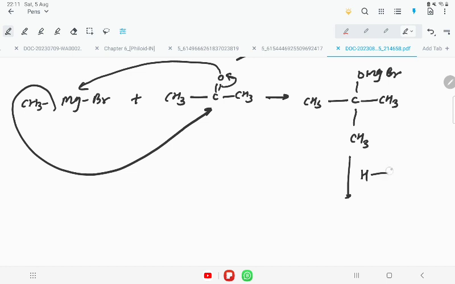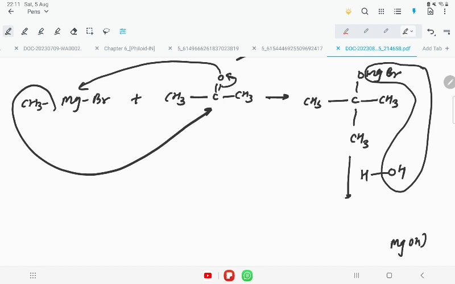Student, you just put it through hydrolysis. Okay, just do the hydrolysis. So what you are going to get, MgOHBr is out. Here is MgOH and the Br is out. Now what is left, dear student?